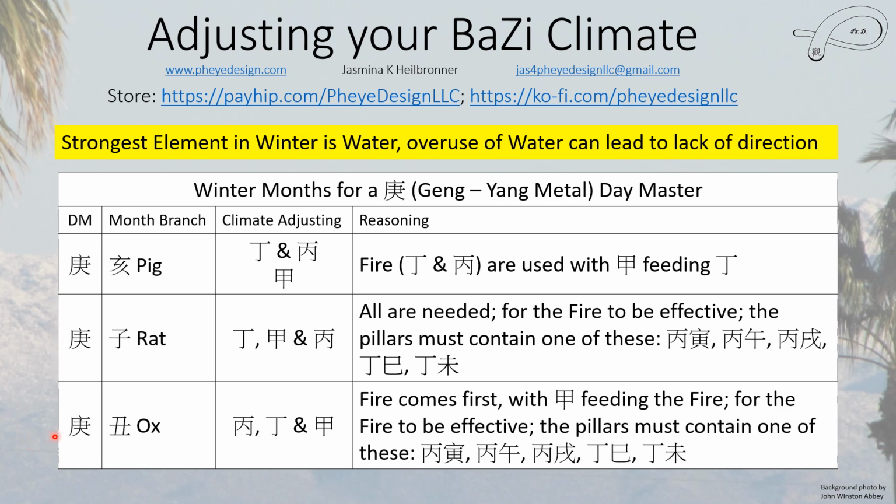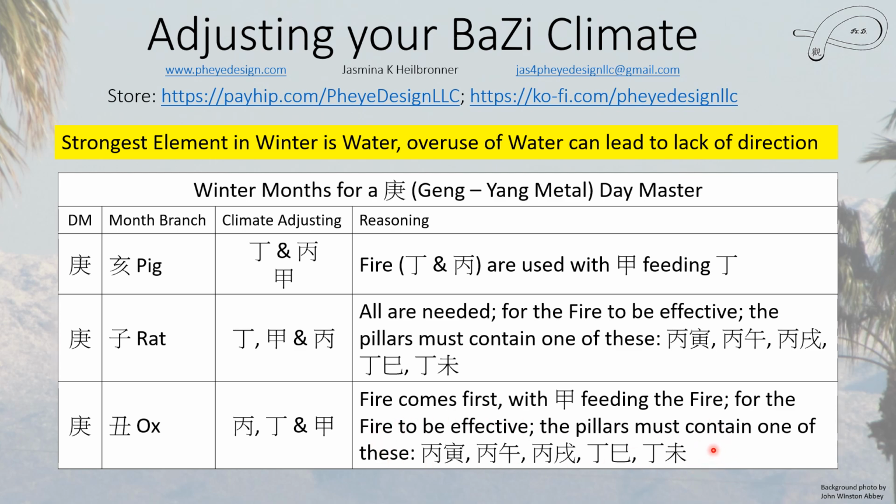So if you're a gunmetal born in the month of the ox, and this is the last of the months, again, you're using the same thing. It's a slightly different order. And this time fire comes first before the wood comes. Again, you need that same set of pillars.